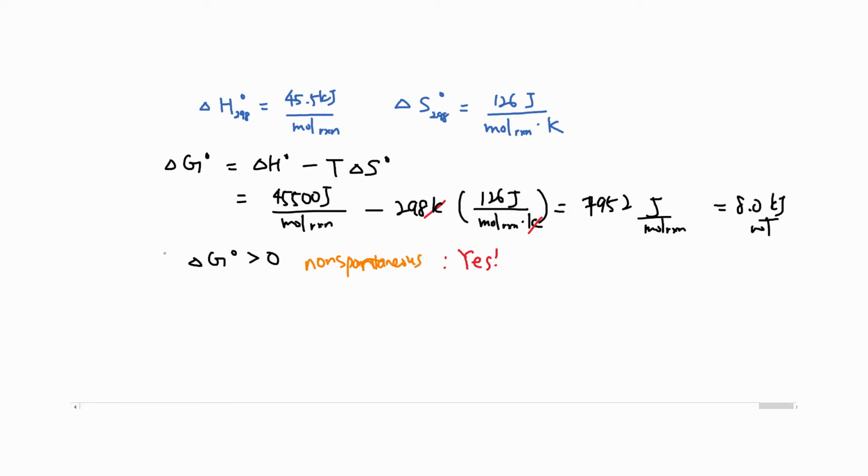That is delta G naught equals negative RT ln K, and let's see if the K becomes less than 1.